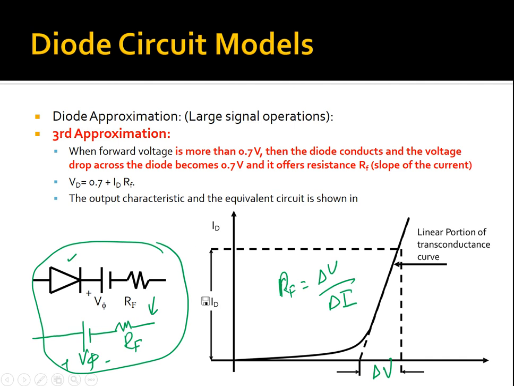Whenever we want to do any circuit analysis, we can model the diodes based on these three models: using the ideal model, using the second approximation only considering the barrier potential voltage, and the third, more accurate one, where we also include the forward bias resistance.